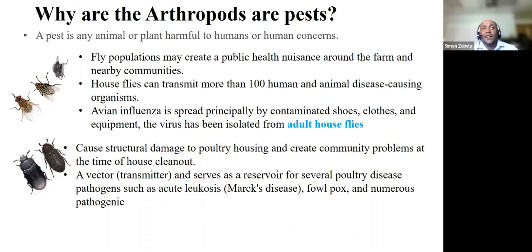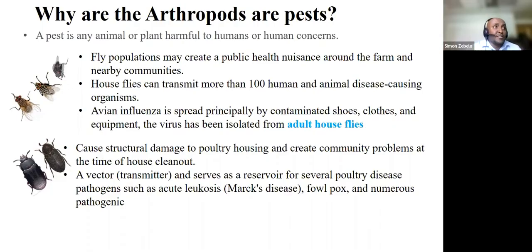How they make structural damage is these beetles bore into the wood, the timber, which the poultry house is made from. They bore not to eat the wood, but to create a very safe, comfortable place where they can pupate and spend the winter. So they just cause that structural damage.